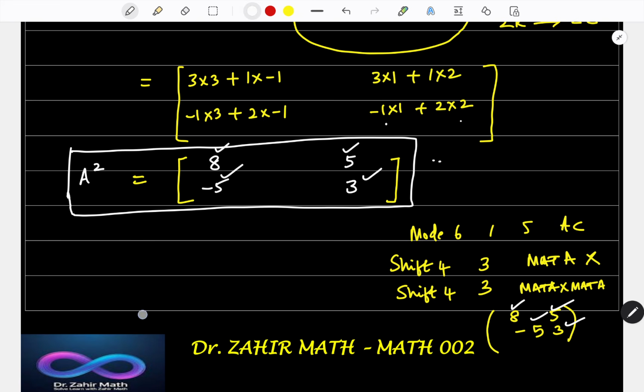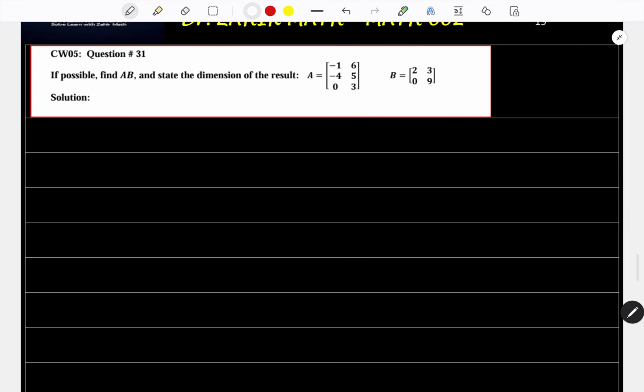Right. Let's go to the next question. If possible, find AB. What do you mean by AB? AB means A multiply by B. Right? Okay. What is the order of this matrix? 3 rows. How many columns? 2 columns. Okay. 3 rows, 2 columns. How many rows here? 2 rows, 2 columns.